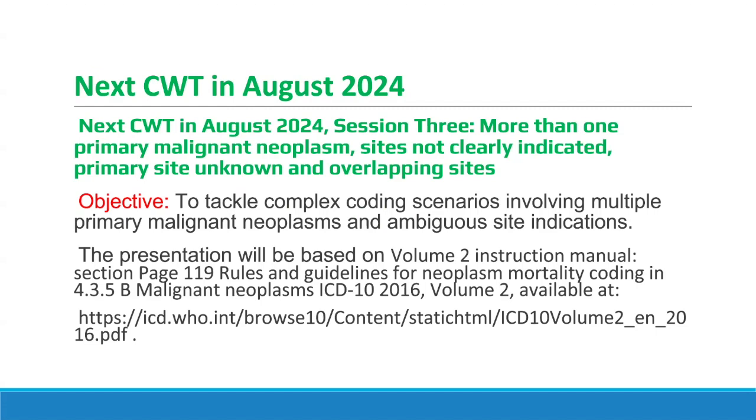The objective will be to tackle complex coding scenarios involving multiple primary malignant neoplasms and ambiguous site indications. The presentation will be based on Volume 2 Instruction Manual, Page 11 Rules and Guidelines for Neoplasm Mortality Coding in 435B, Malignant Neoplasms, ICD-10 2016, Volume 2, available at the website shown below.